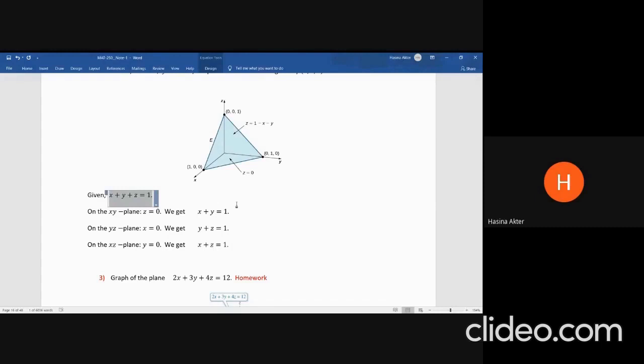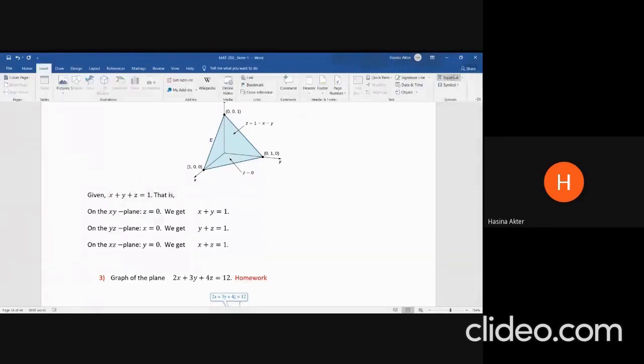So you are trying to see the portion of the plane which is visible in the first octant, but the equation of the plane is given by x plus y plus z equals 1. And now if you want to write this plane as a function, let's say z equals f of xy, then it becomes z equals 1 minus x minus y, right?